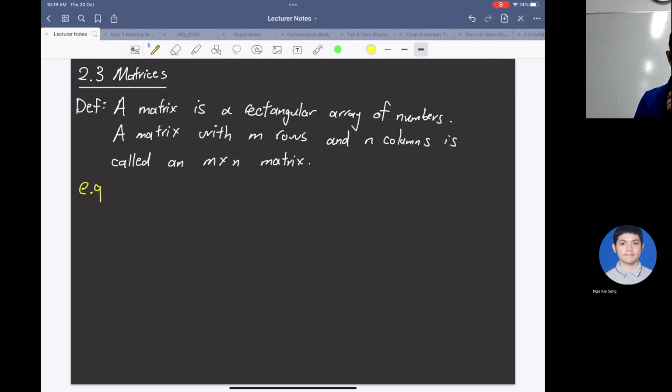So like 1, 3, 2, 4, 7, 8, 9. And this is a 3 by 3 matrix, so it has 3 rows and 3 columns.